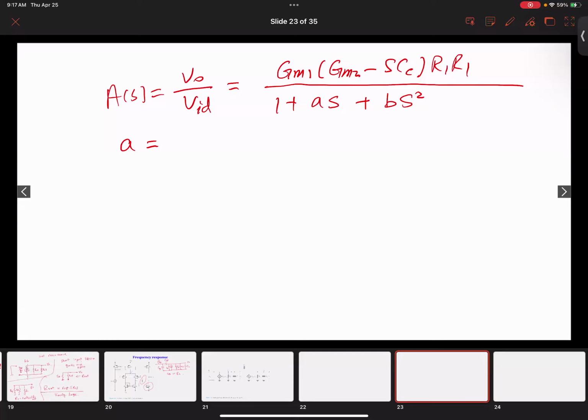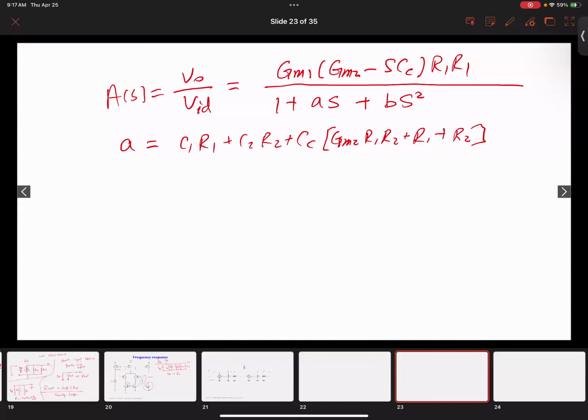I can write A is equal to C1 times R1 plus C2 times R2 plus CC times GM2 times R1, R2 plus R1 plus R2.